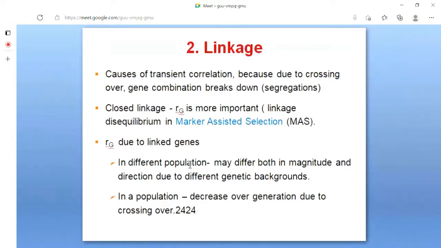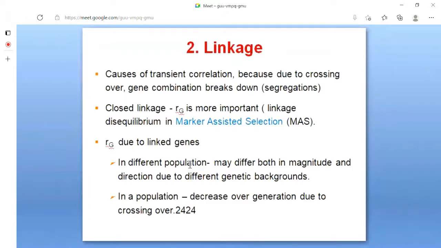That is heterozygosity. Like you have different types of friends, different types of people. If you are with good friends, very intelligent friends, then your character may also change and you may also start performing better.